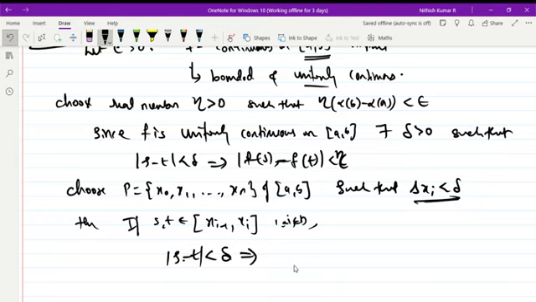So this implies, by the uniform continuity of f, that f of s minus f of t will be less than eta.